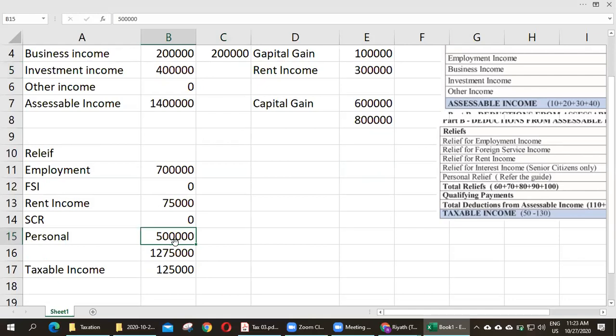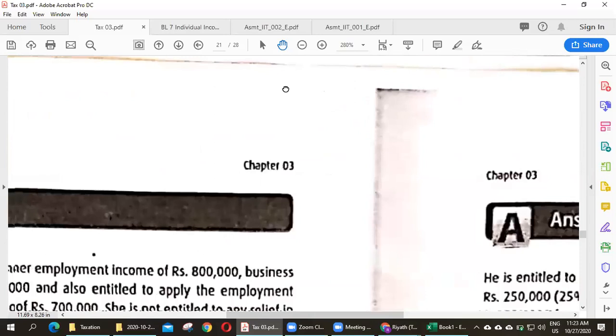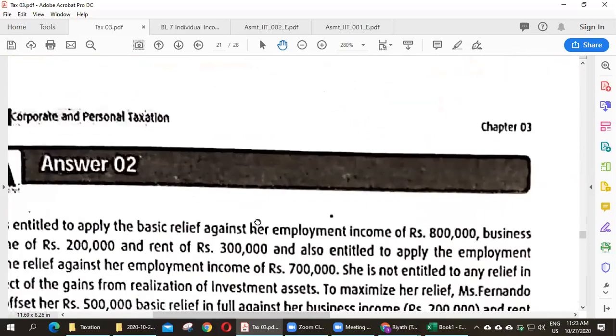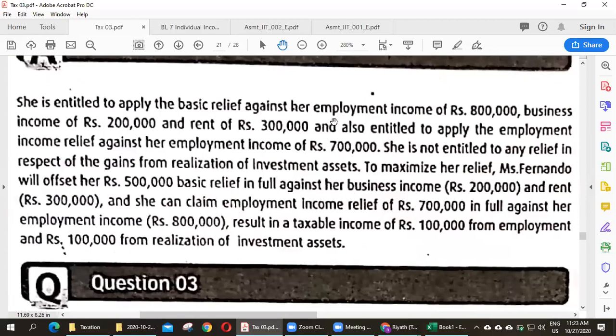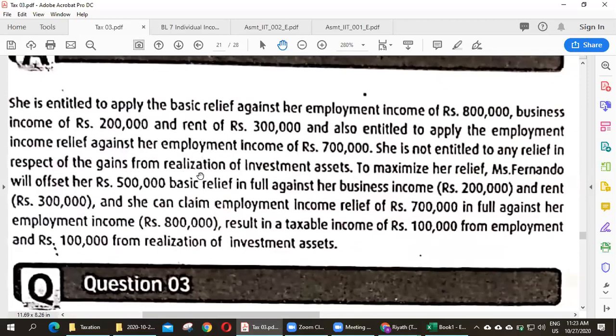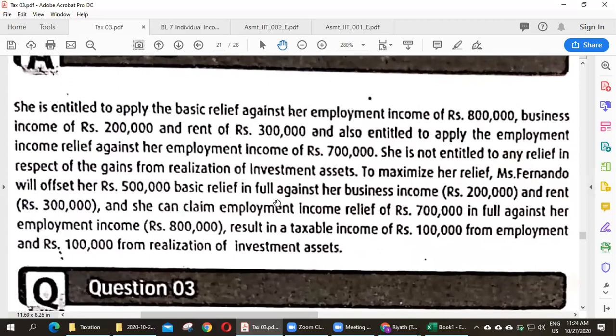See the answer. She is entitled to apply the basic relief against employment income of rupees 800,000, business income 200,000, rent 300,000, and also entitled to apply employment income relief 700,000. She is not entitled to relief in respect of gain in relation to investment assets. The maximum relief Ms. Fernando will offset is rupees 500,000 in full against her business income 200,000 and rent income.